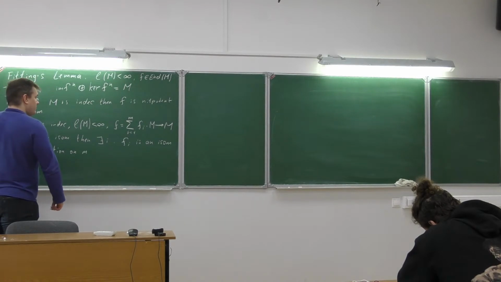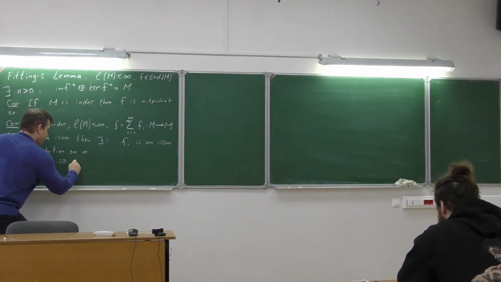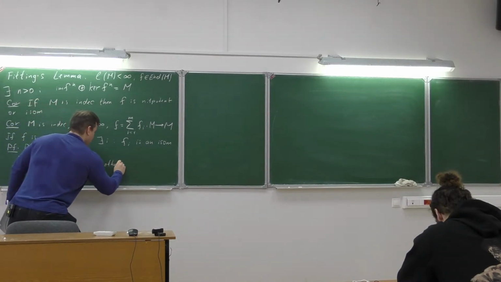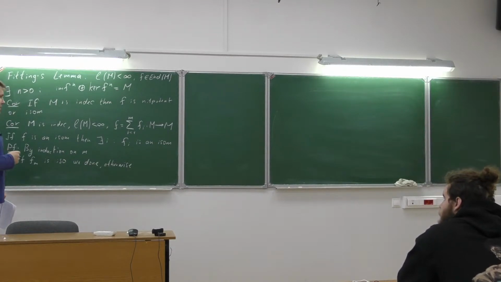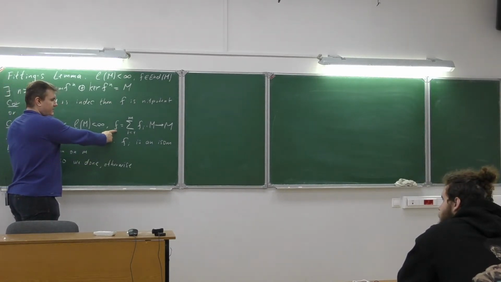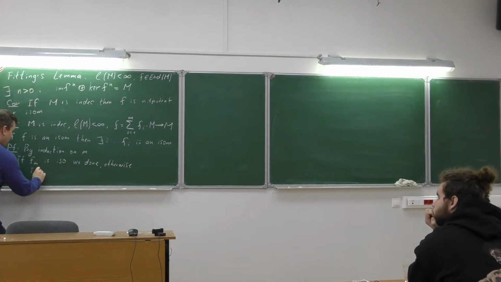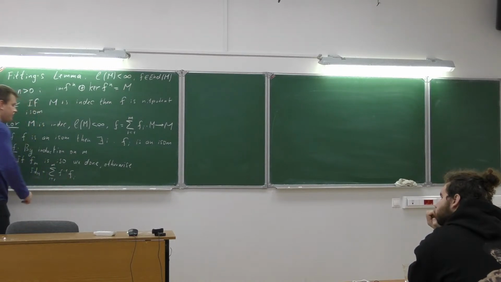Now let's do the following. Consider the case if f_m is an isomorphism, then we're done. Otherwise we do the following. Of course we can, without loss of generality, assume that this f is equal to 1, because we can consider that the identity of the module M is the sum of f inverse f_i, right?